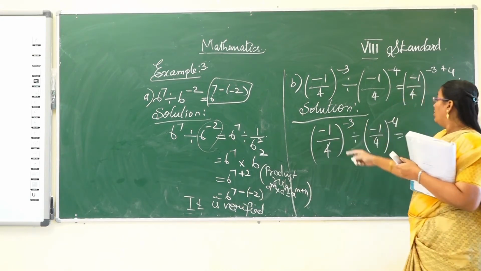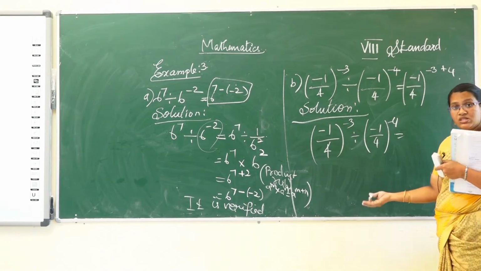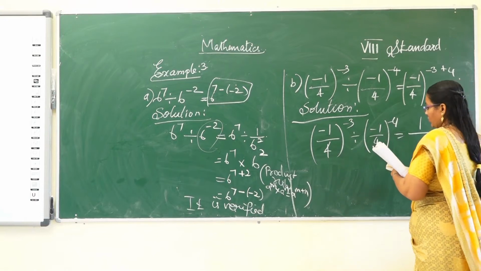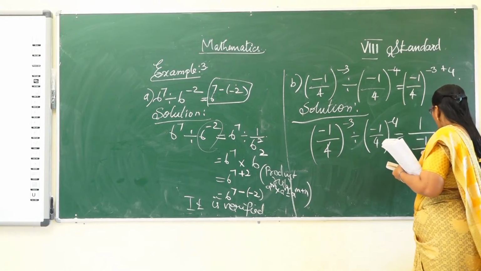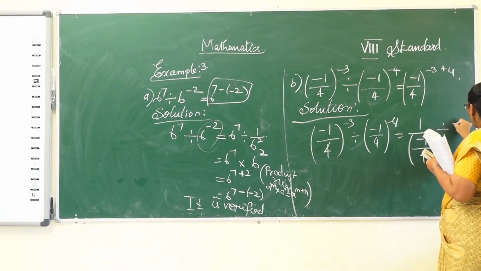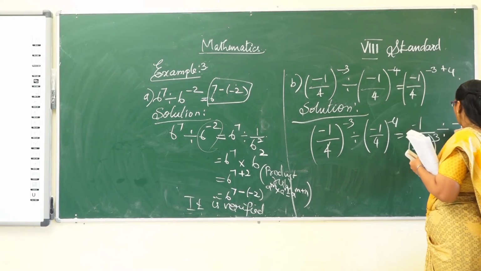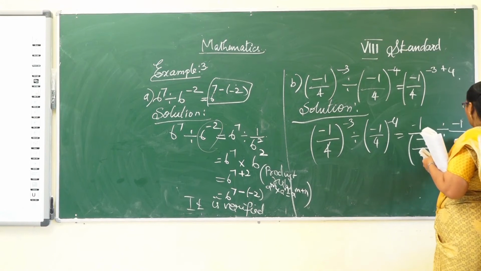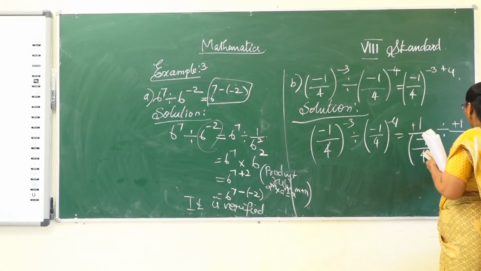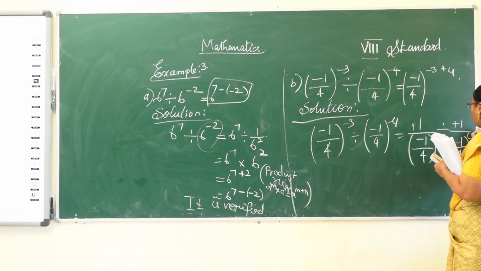Negative exponents are given, so write them in positive form: 1 divided by (-1/4)^3, divided by 1 by (-1/4)^4.